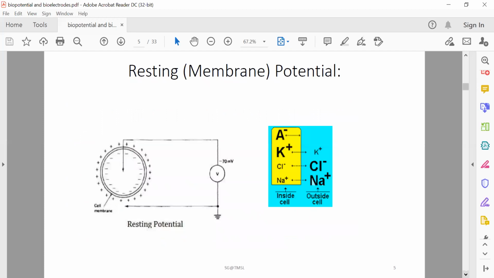Once the membrane is stimulated, the sodium ions can enter the cell. At the same time, the potassium ions try to leave the cell. And it creates a balanced condition.